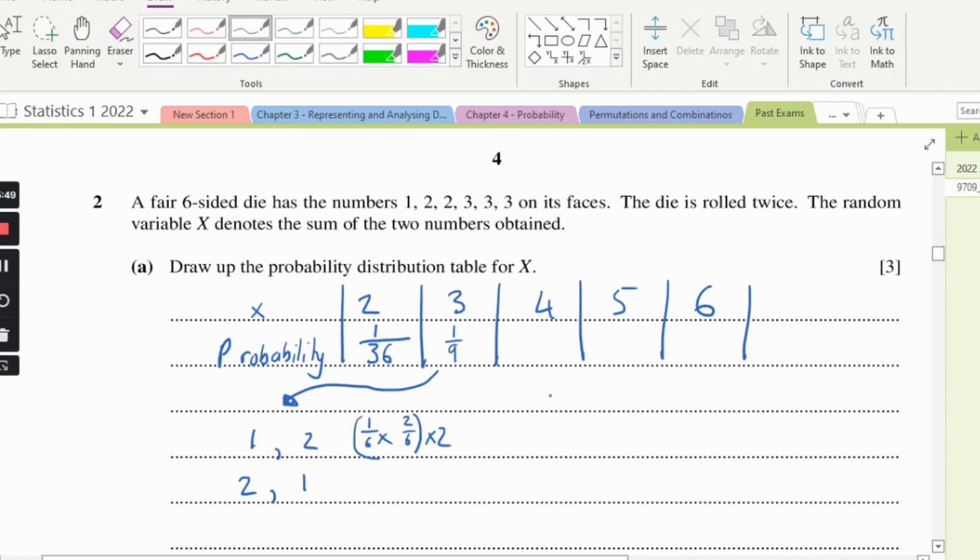Okay, now what ways can we get a 4? We could get 1 and 3, or we could get 3 and 1, or we could get 2 and 2. So 1 and 3 would be, what would 1 and 3 be? So 1/6 times what, you reckon, Ruth?